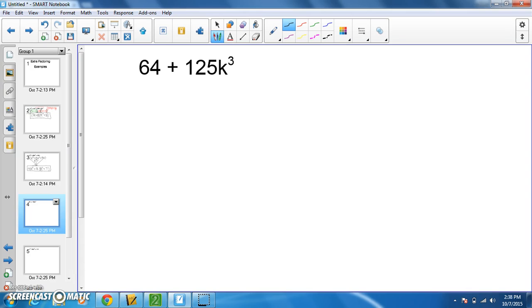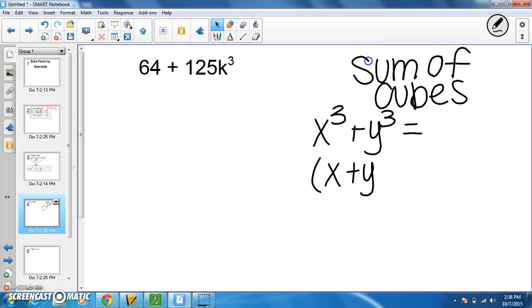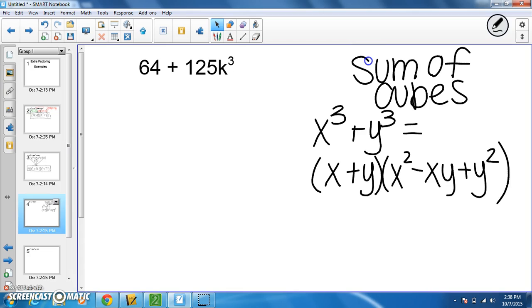Since it's a sum, I'm going to see if I have a sum of cubes. The sum of cubes rule is x cubed plus y cubed is equal to x plus y times x squared minus xy plus y squared.